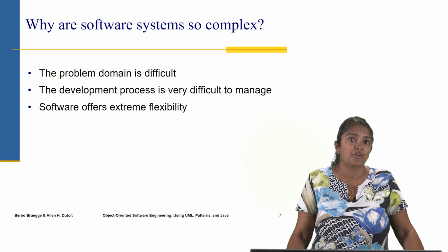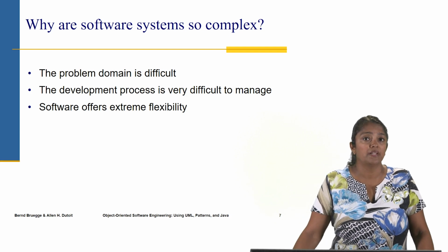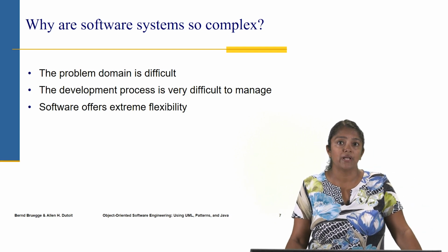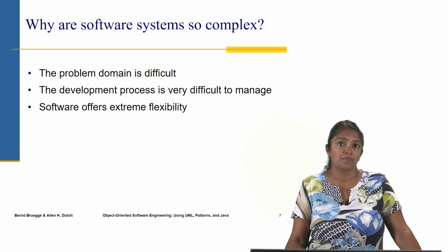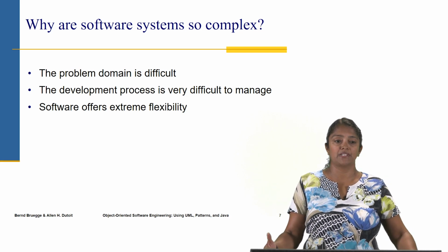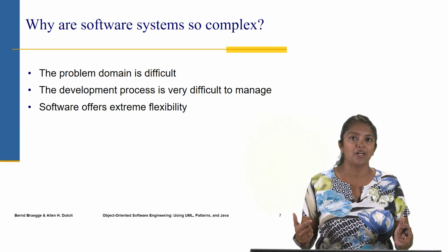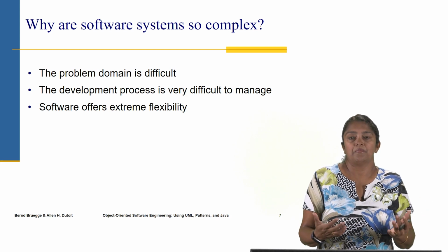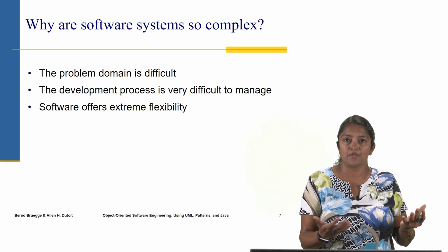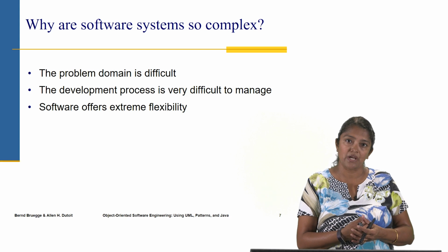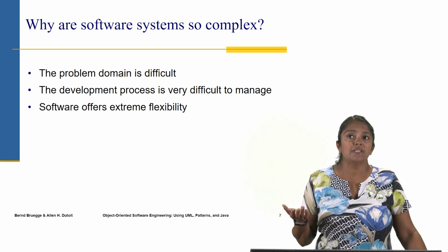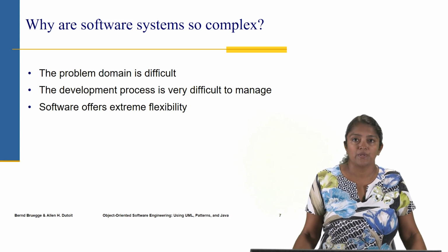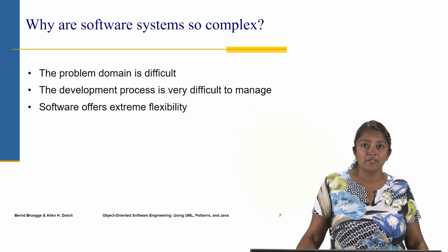That's the nature of software, and that makes it complex as well. And with this flexibility comes change. Because it's flexible, the requirements tend to change, and then the software team is expected to incorporate those changed requirements. But that's not the case with the other engineering fields, not always.